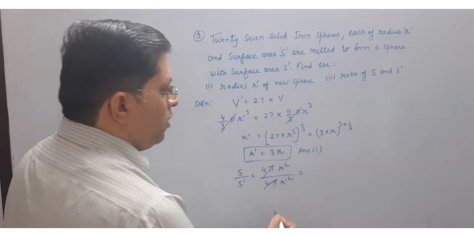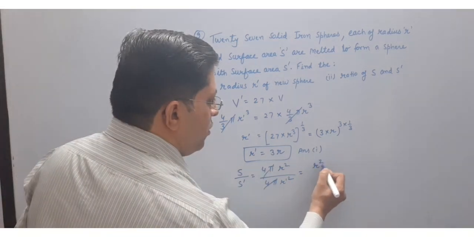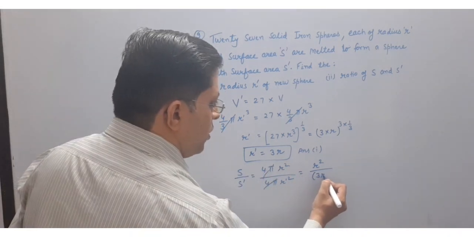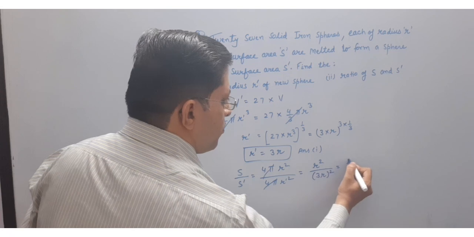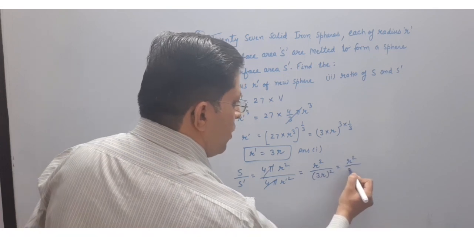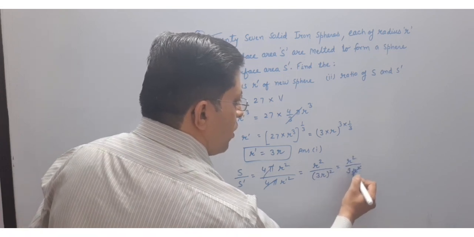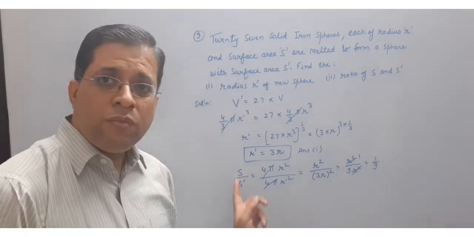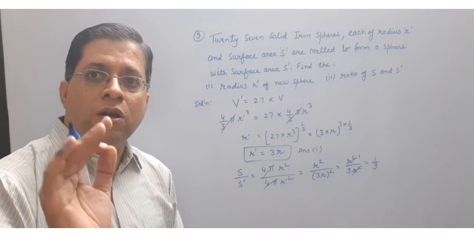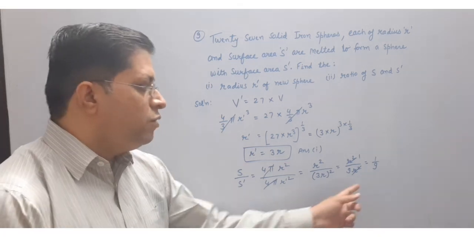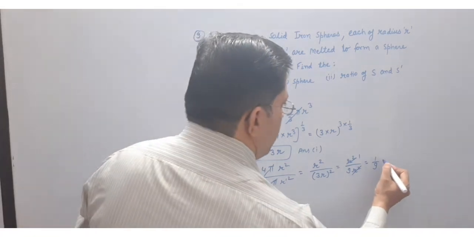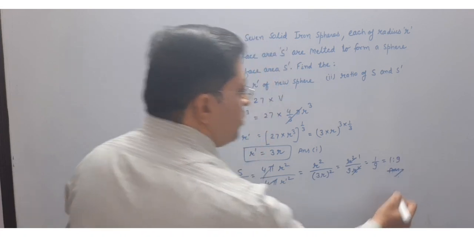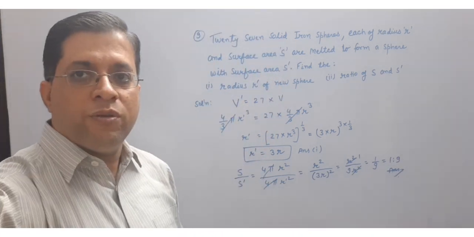R dash is what? 3r, so 3r square is 9 r square. R square cuts with r square, giving 1 upon 9. So s upon s dash is equal to 1 upon 9. This is your answer. We can write 1 ratio 9 also. This is the answer of this question.